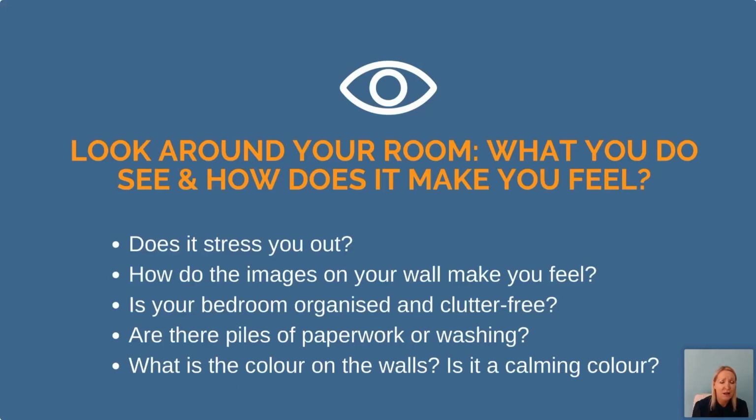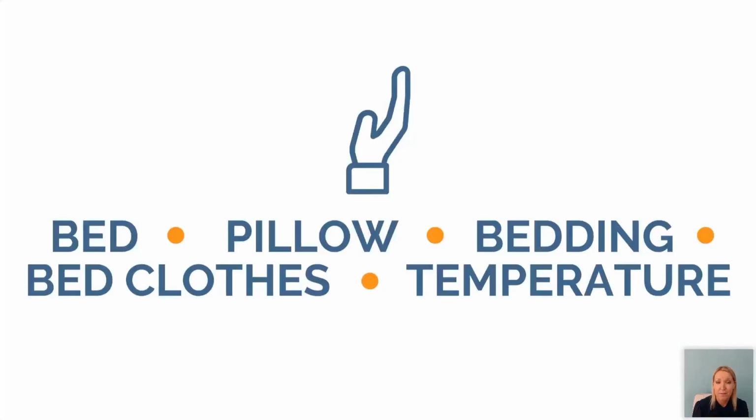So those are all colours that you should be avoiding on your walls, okay? And orange too. But the calming colours are blue and green and white and cream and even beige. Okay, so you want to be surrounded by calming colours so that you feel relaxed at night.